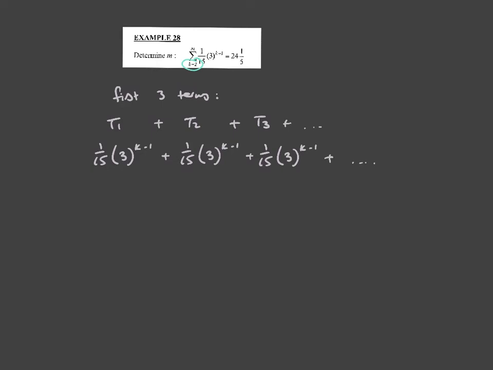It's the same story, so it's a 15th times 3 to the power of 2 minus 1. Then it's a 15th times 3 to the power of 3 minus 1, plus a 15th times 3 to the power of 4 minus 1. So what does that mean? Again, do not multiply those two. Do not.